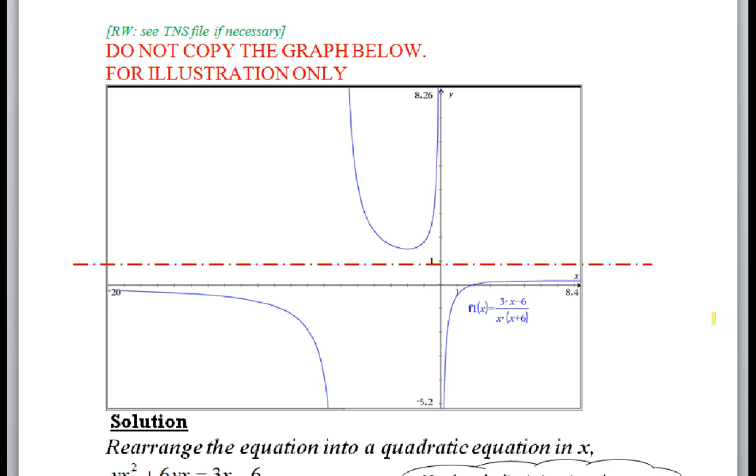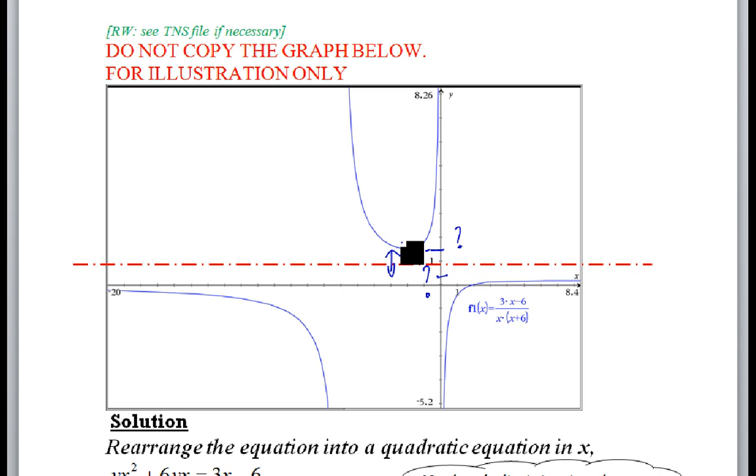Do you follow what I'm saying? Your job is to find out what is this value and what is this value. Between these two values, actually, y cannot take between these two values. Do you follow what I'm saying? Your job is to find out what are these two values.